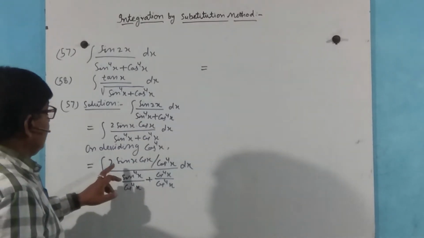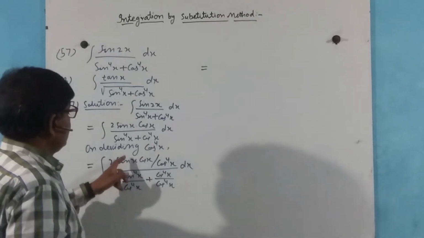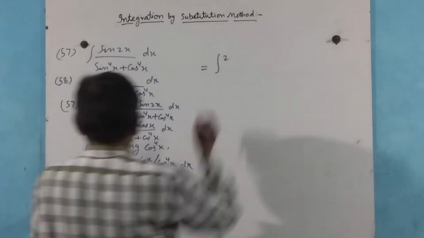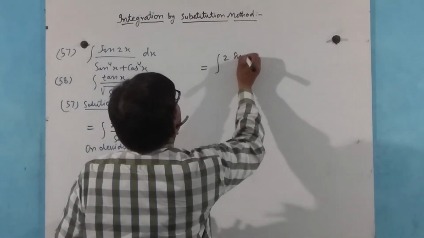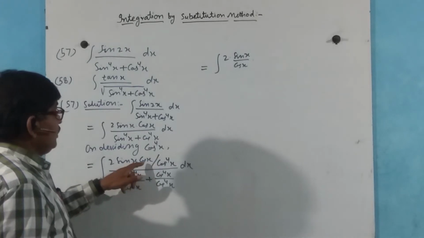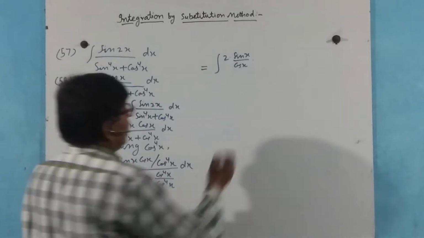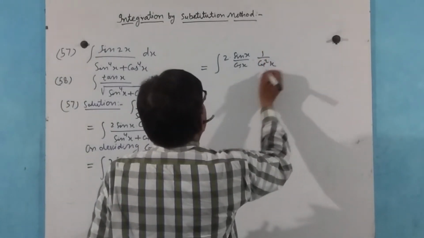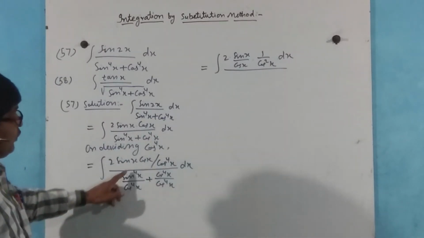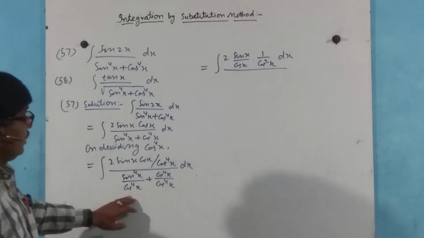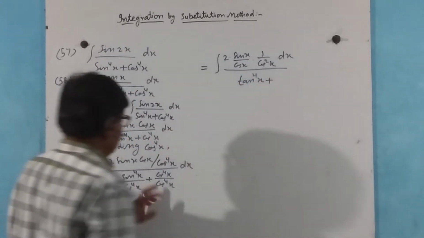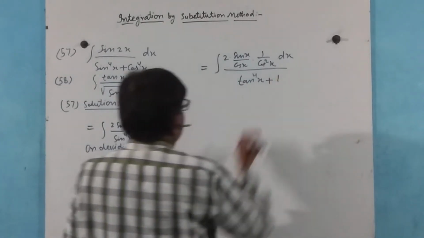This can be written as the integration of 2 sin x by cos x, with one cos and one cos removed, leaving cos square x in the denominator, so 1 by cos square x dx, divided by sin to the power 4 x divided by cos to the power 4 x, which is tan to the power 4 x, plus 1.